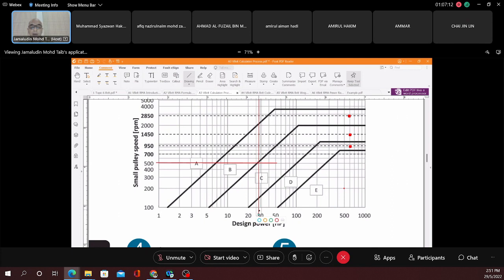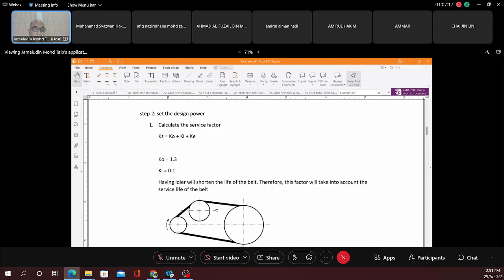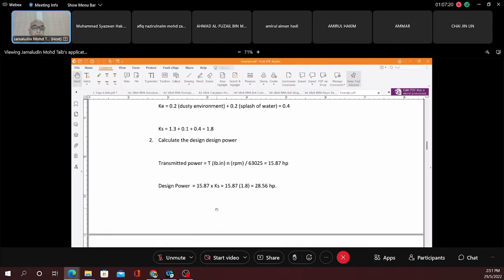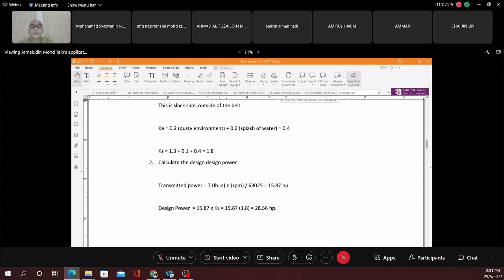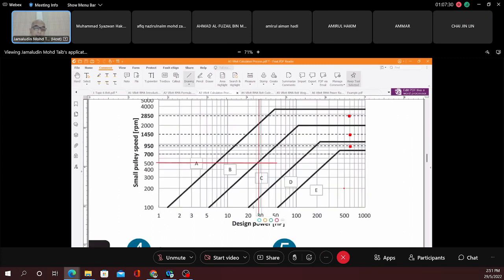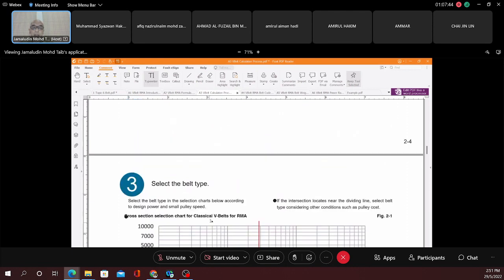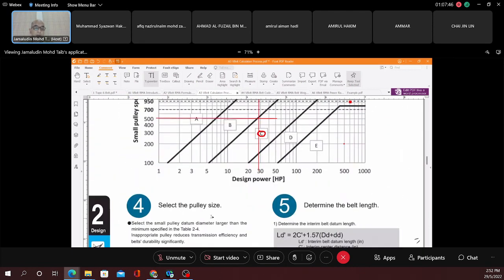Right, 29, all right, that will be C type. Let me check whether my example is using the C type. Okay, right, that's correct. With 28 here, what you're going to choose is the C type. That means our belt is going to be a C type belt. That is step number 3: we choose C type belt.